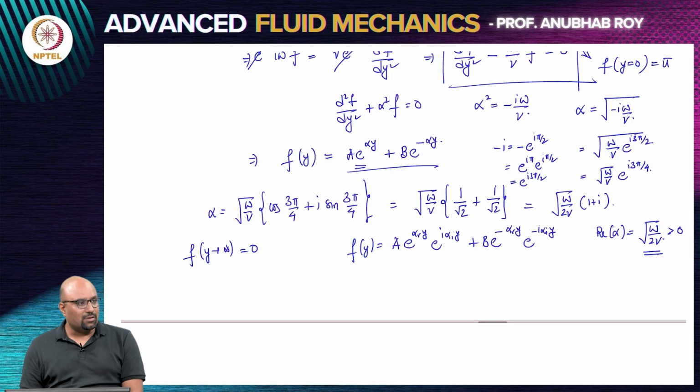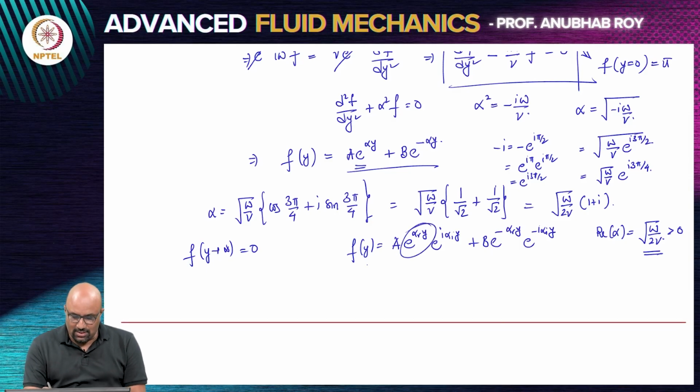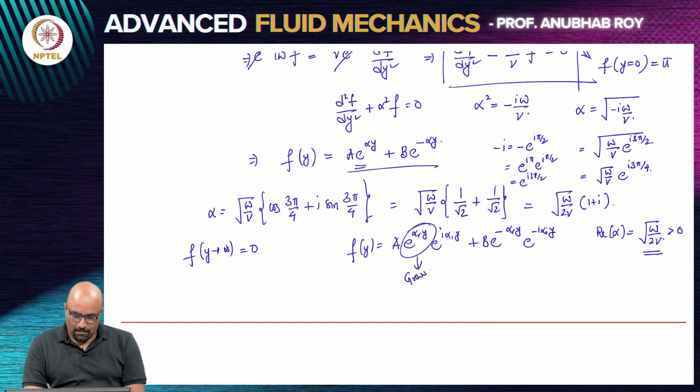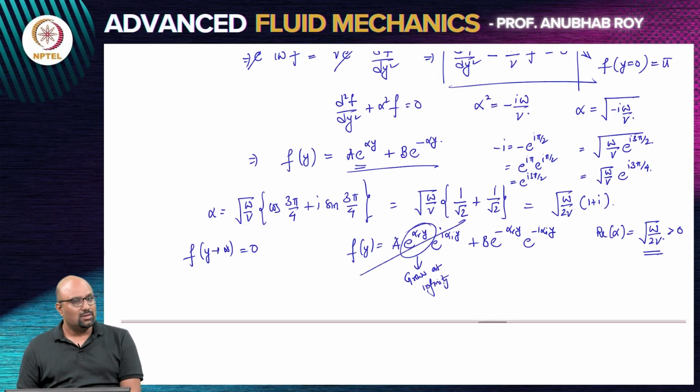Now, the real part of alpha is positive, which means this would be growing at infinity. This will diverge at infinity. So, I can discard this solution based on my far field boundary condition. The boundary condition at infinity tells me that I cannot have that exponential.